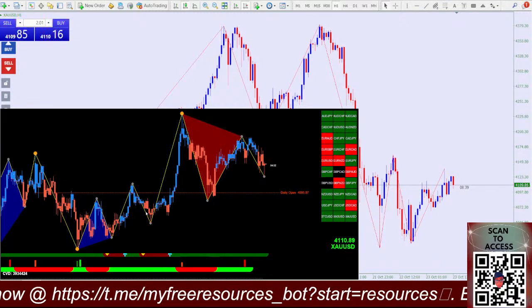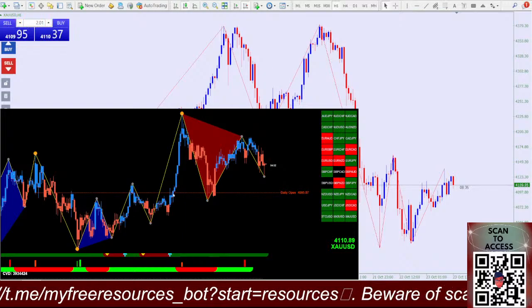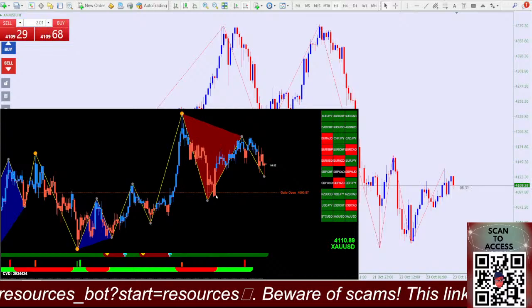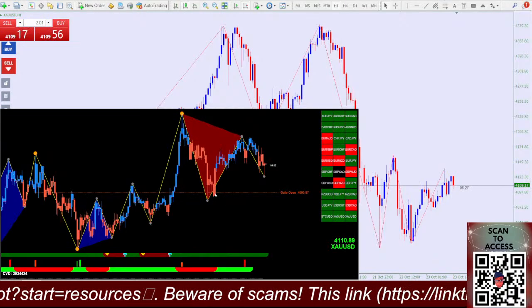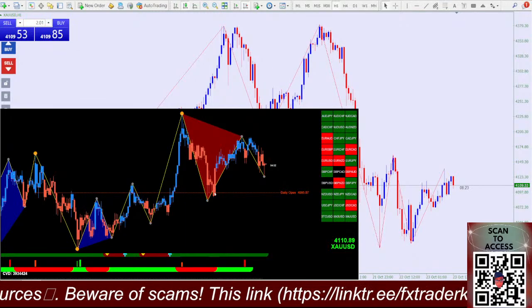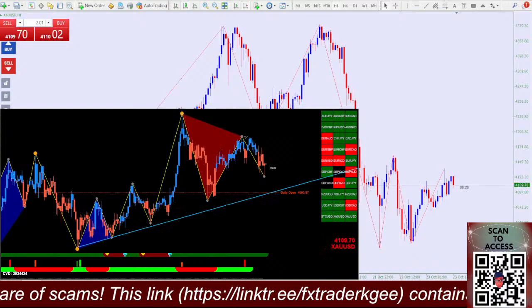Used the pattern to break the daily open, around here, and at least got here, then came back down, reversed at exactly around the daily open. Okay, went back up again. Now we have the same pattern here.